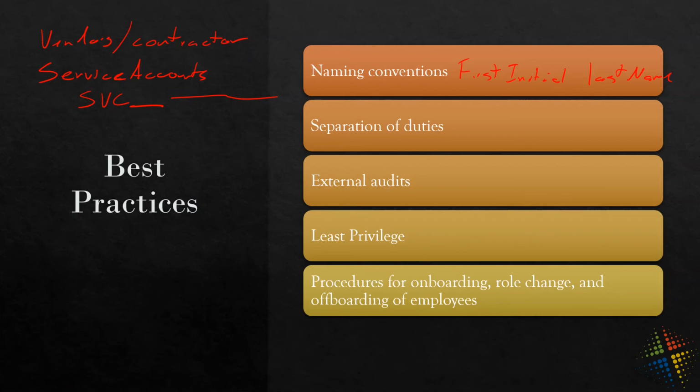Separation of duties. Not only separation of duties, but there's a couple other options such as mandatory vacations and job rotation. Separation of duties. If you've ever worked in any kind of a financial area, you'll see that they have oftentimes accounts receivable and accounts payable.